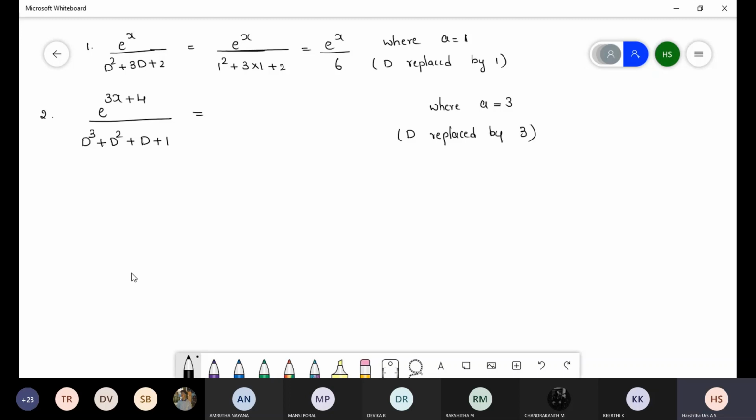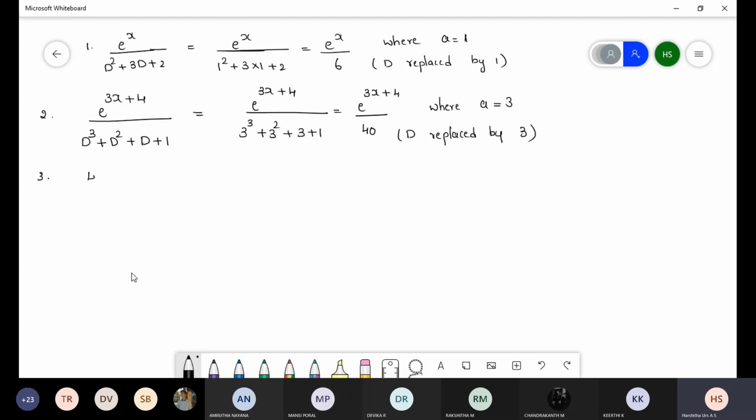So e power 3x plus 4 divided by 3 cube plus 3 square plus 3 plus 1. So e power 3x plus 4 divided by 27 plus 9 plus 3 plus 1, 36 plus 4, 40.